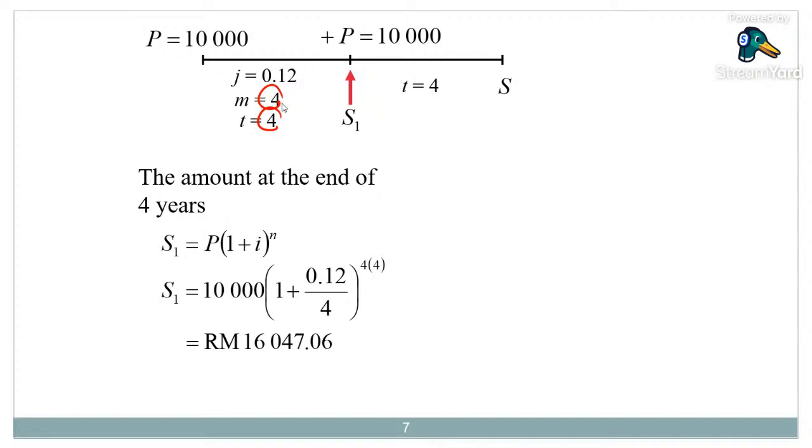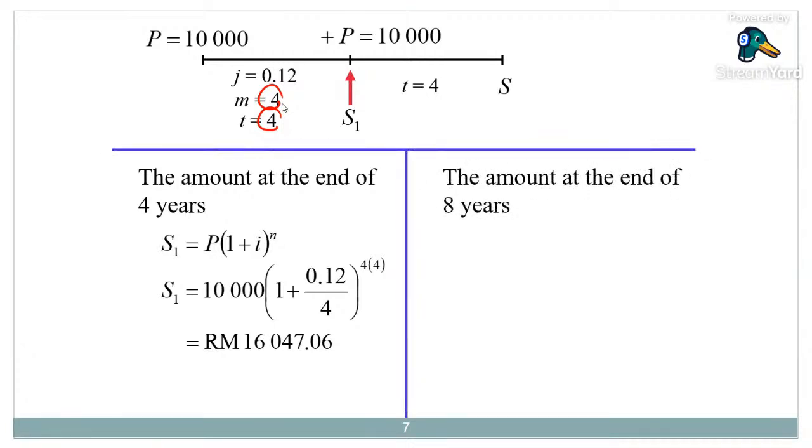Okay, so S1 ni adalah future value but dia juga adalah prinsipal untuk seterusnya lah. Tapi selepas 4 tahun ni dia tambah lagi prinsipal 10,000. So kita untuk prinsipal untuk yang seterusnya ni bukan setakat RM16,047.6 ni tapi dia akan jadi tambahkan lah. It's not S, it's a P, the principal.